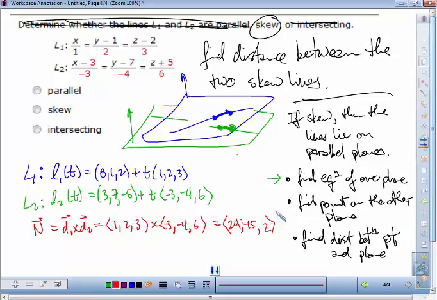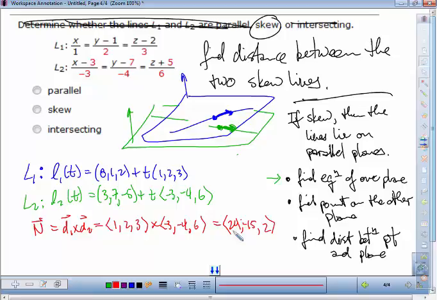Okay, we found the normal vector. Now let's figure out which line to have the plane on. So let's put the plane on L2. I just randomly selected that. What do you need for an equation of a line?